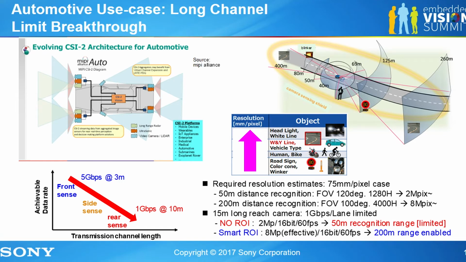Impossible. But we have our ROI, so we can increase the effective megapixels using smart ROI to extract the specific area of the region of interest. So we can meet the customer requirement, like 200-meter range enabled.